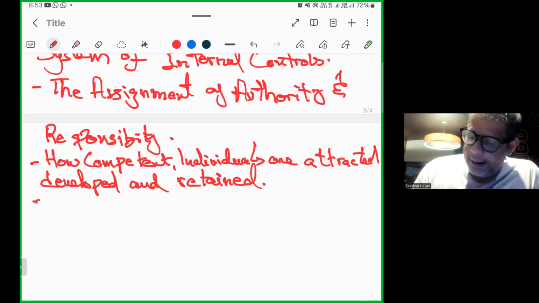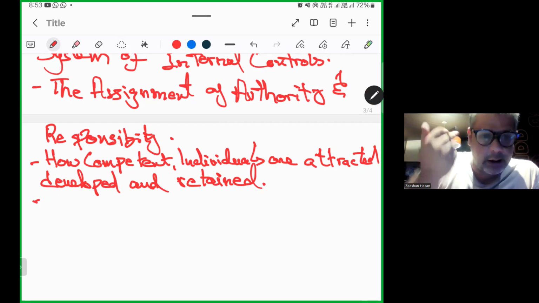All individuals are held accountable for their responsibilities relating to the system of internal control.